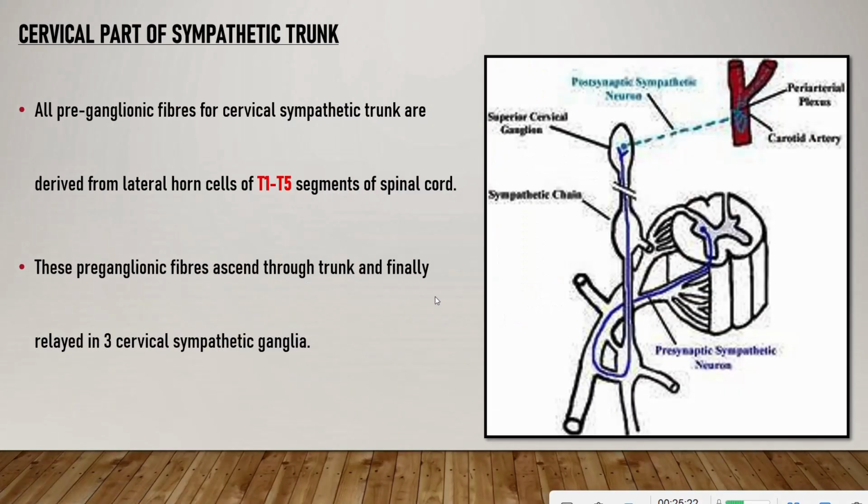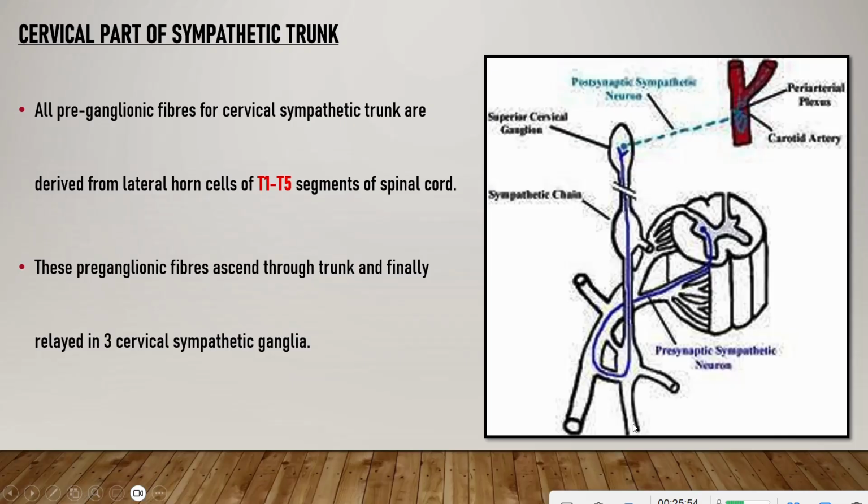But in the cervical part of the sympathetic chain, the ganglia are not getting the preganglionic sympathetic fibers from the white rami communicantes of the corresponding spinal nerve, but they are getting the preganglionic fibers from below.